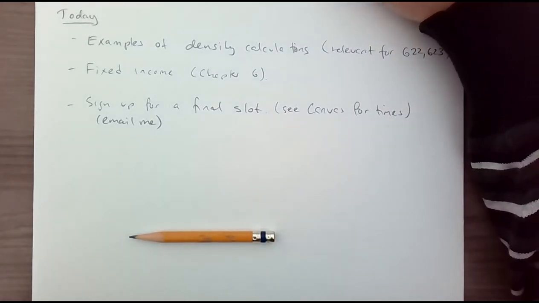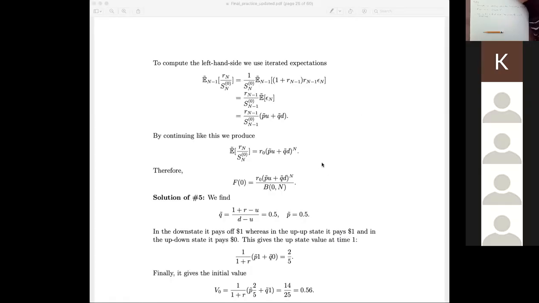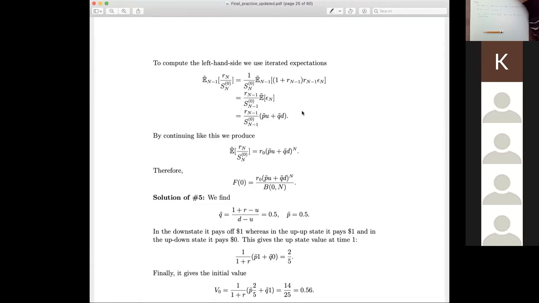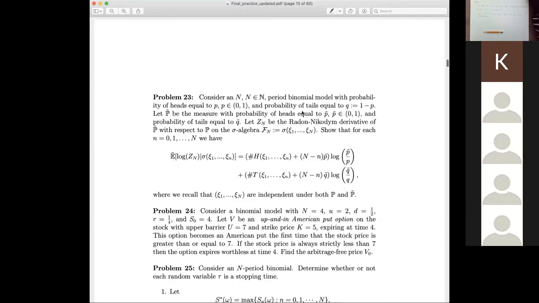What I did over the weekend was update the problem sheets. So let me just show you. Where are the problem sheets? Right, I updated the problem sheets that I put out.